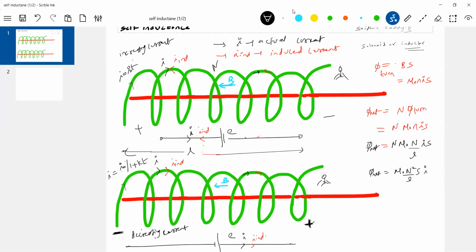S is the area of cross section. If you take this radius as a, S will be pi a square. Okay, I think we had a discussion till here. Let me continue now. Because of this, it will be like a cell.